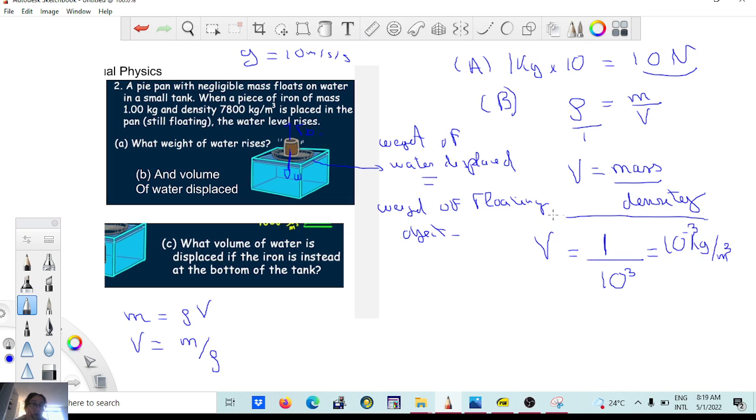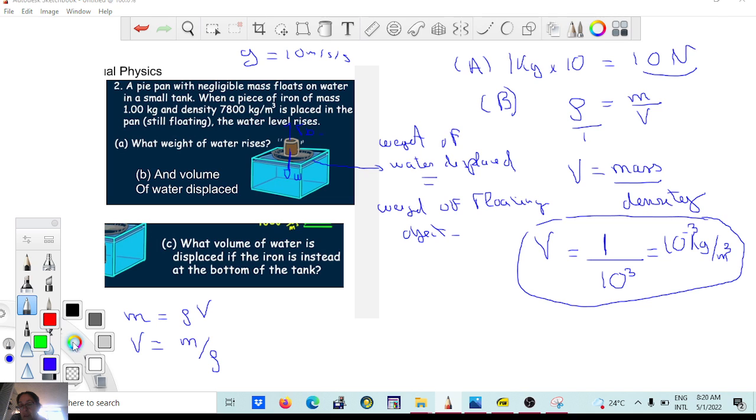So this is how much water is being displaced, but it's also equal to the volume of the object inside the water. Okay, and that problem comes from Paul Hewitt, the Conceptual Physics book.